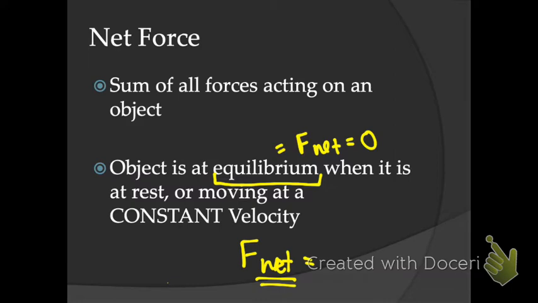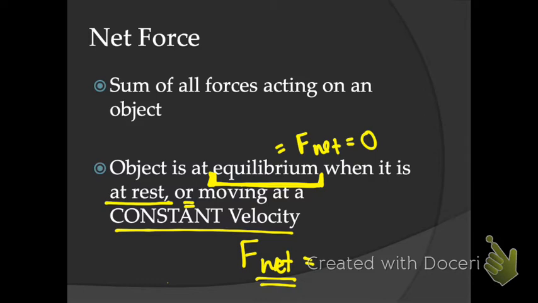So when we're looking at this, an object can be at equilibrium. When we talk about equilibrium, that means our net force is equal to 0. It doesn't move, it doesn't have any acceleration. When it's at equilibrium, it means that the object is either at rest or that it's moving at constant velocity. Those are the two situations in which our net force could be 0.